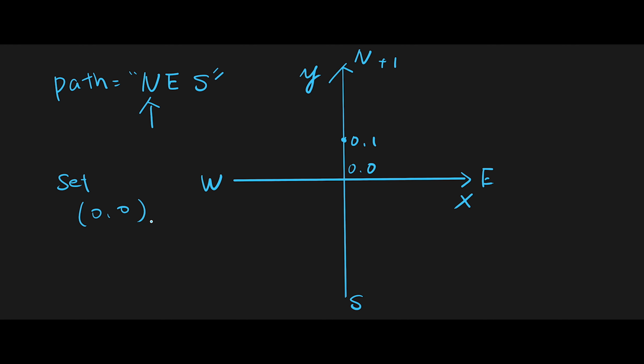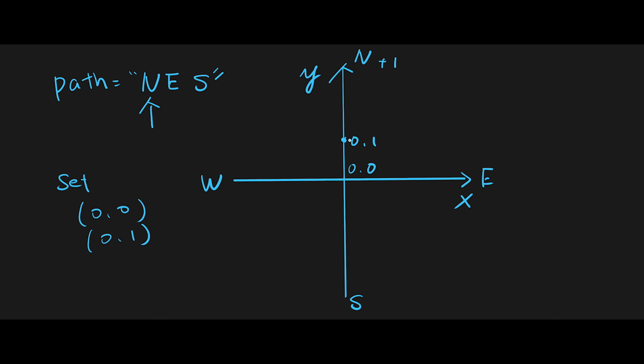When we move to 0, 1, we should have two positions, 0, 0 and 0, 1. Every time we move to a new position, we check the set, and if we already have the current position, we should return true.